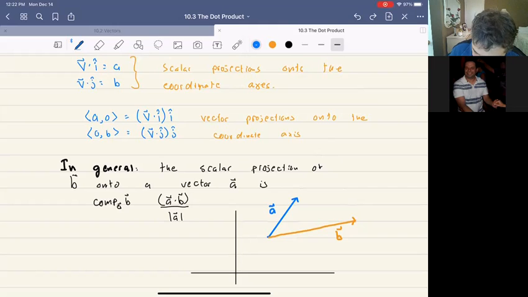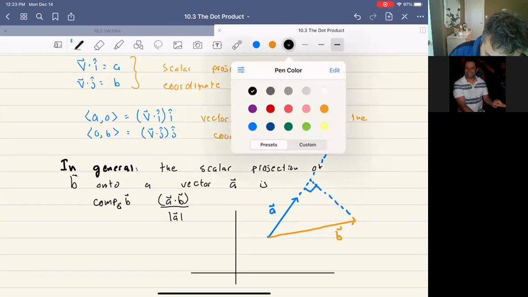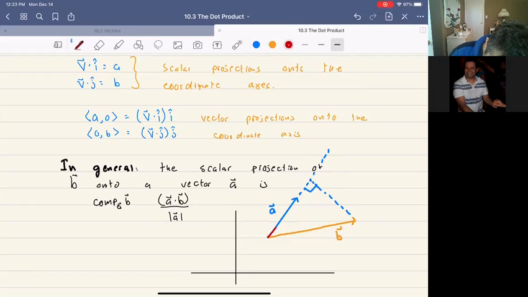I'm going to drop B onto A perpendicularly. So this should be perpendicular. And then my scalar projection is just that length.